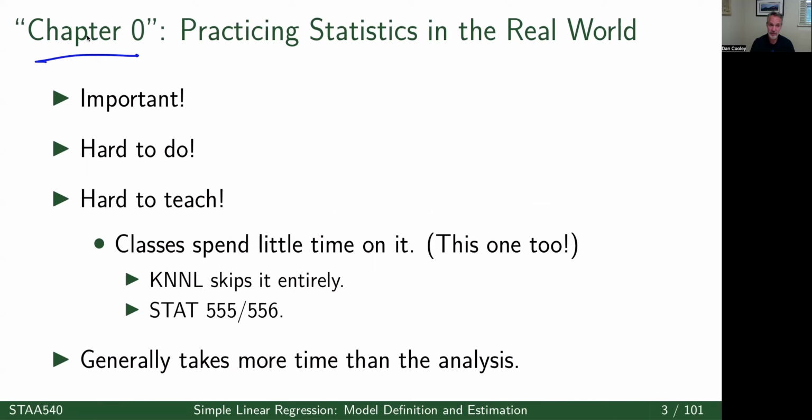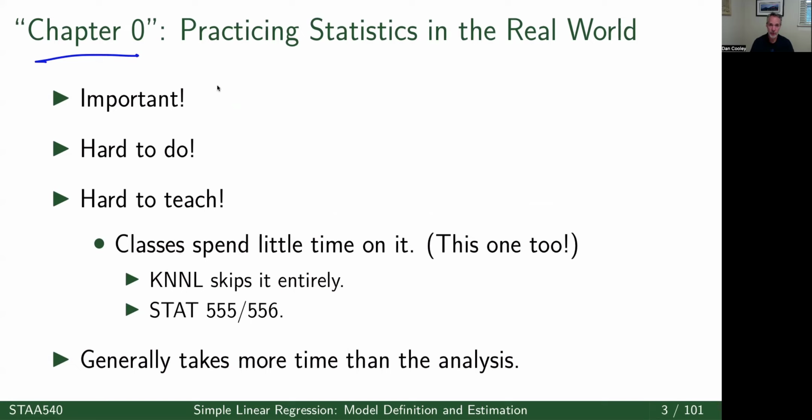So there's nothing in the book that corresponds with Chapter 0. The classes that teach this statistical practice are Stat 555 and 556. These are the consulting classes that the department has, and they're really just essential for a practicing statistician.